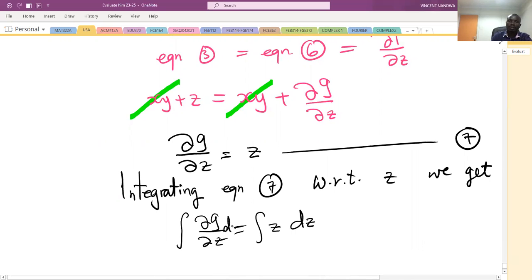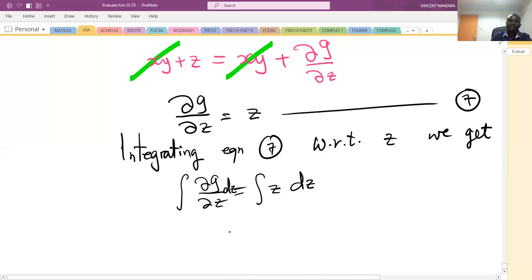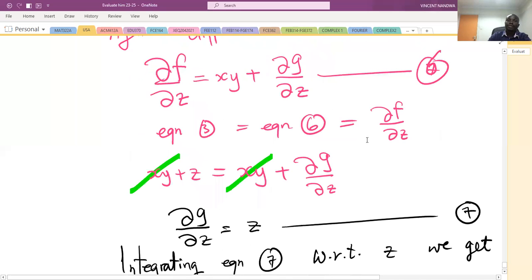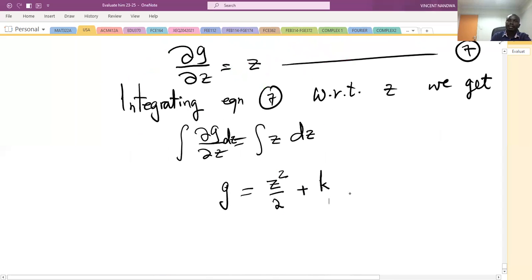So we are integrating with respect to z. The left hand side gives us g, and then this will be z squared over 2. Now this plus a constant of integration k. Call this one equation 8.